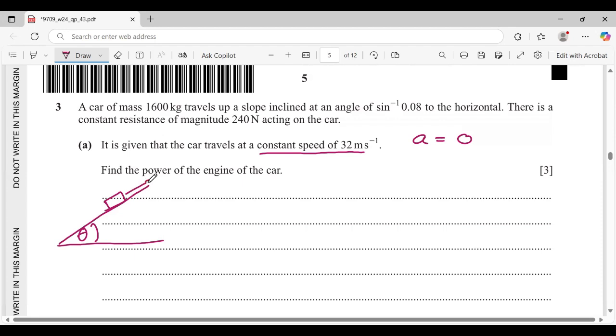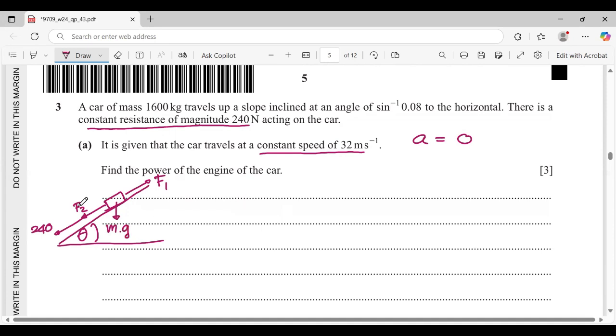First, I'm going to write this as F1, and the second is F2, and also according to this information there is a constant resistance of magnitude acting on this car, downwards, 240. And after that, of course, the weight, or m times g.